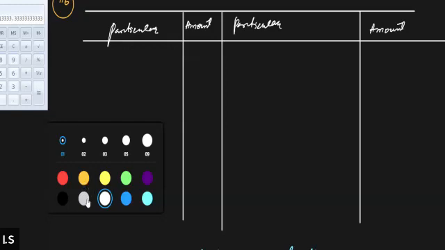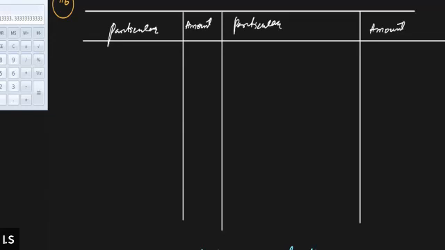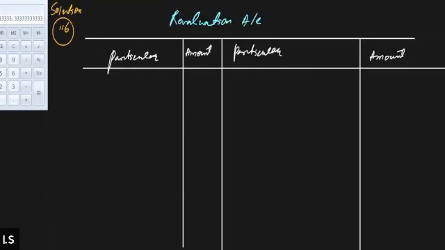On which side of the revaluation account should I record the increase in the value of the land and building? Tell me. So credit side, by land and building. Right, everyone? Is this clear to all of you?